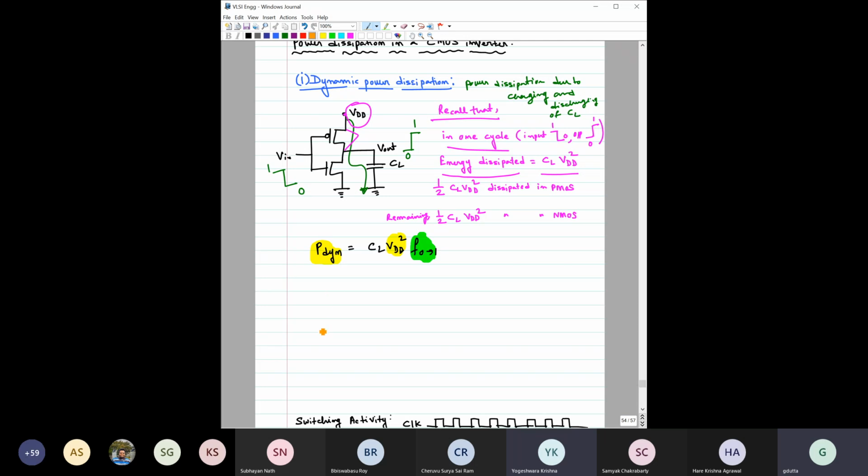To indicate that, we write P dynamic is equal to CL VDD square, frequency, into a probability factor of 0 to 1. This probability factor indicates how often the output changes from 0 to 1, because only when the output is changing from 0 to 1 is power getting consumed for this dynamic power consumption. So we introduce this probability factor.